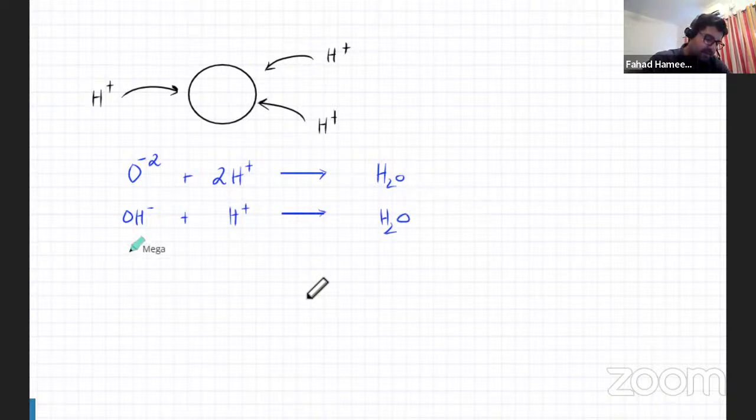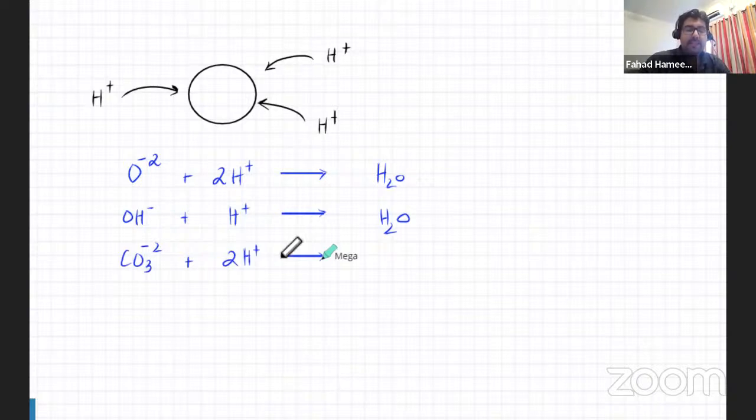Who else? You've got carbonate ions, which are CO3 minus 2 ions. They're also basic because they're also negatively charged. If there is an H+1 around, they will accept, attract or absorb that H+1 ion.